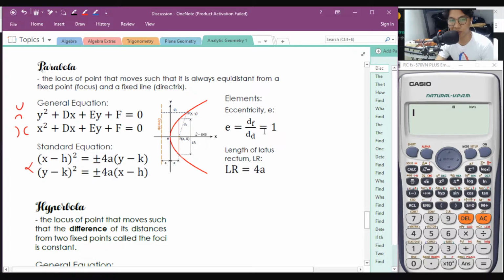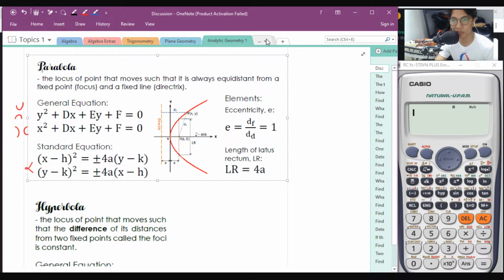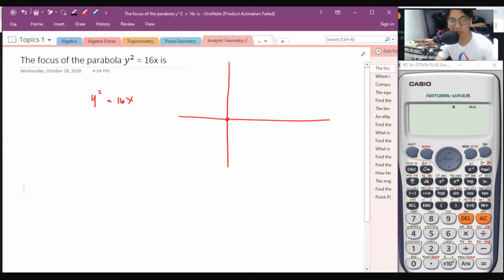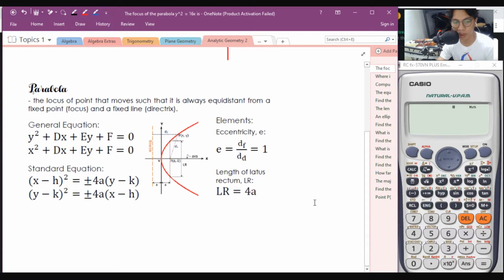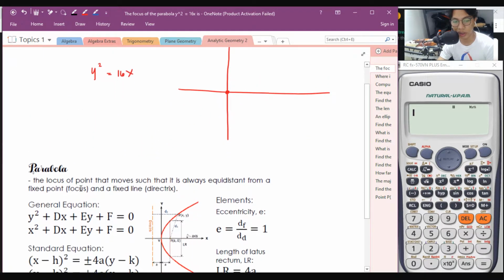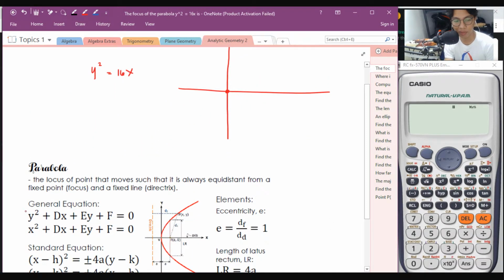This one, ayun, parabola. Ibig sabihin, openings, right and left. Ito yun, right and left. Ito, up and down. Dalawang beses kasi mag-hit sa X.